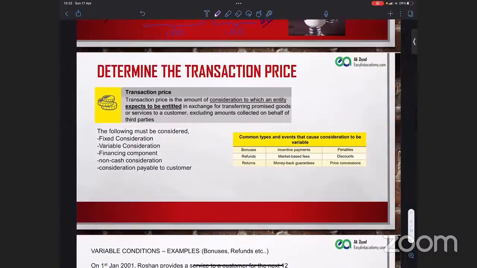So now let's go to the next step, which is determining the transaction price. Transaction price can sometimes be complicated, guys. There can be bundle discounts, penalties, bonus, and outcome-based prices. Those are all called variable consideration. Now, these are too advanced.